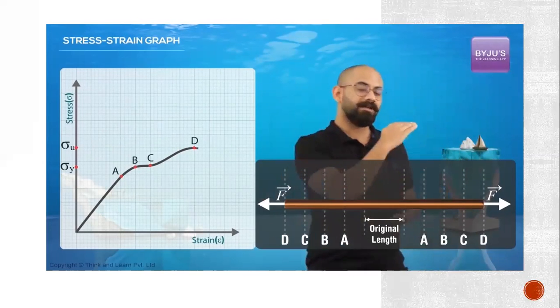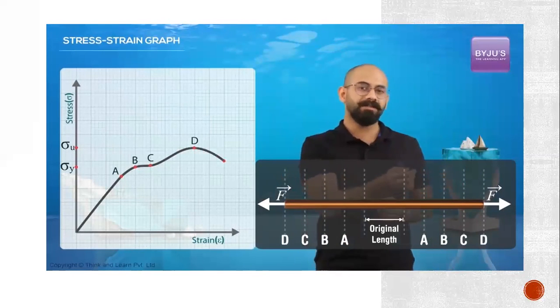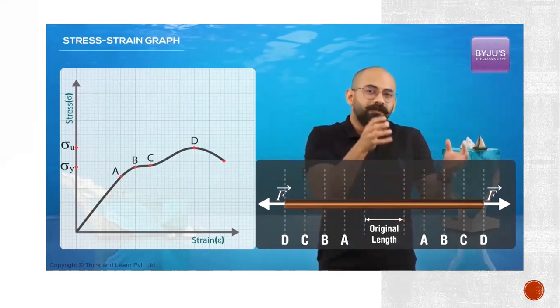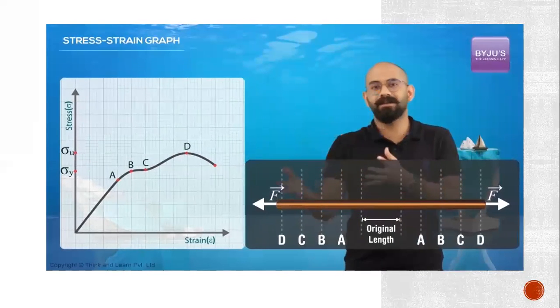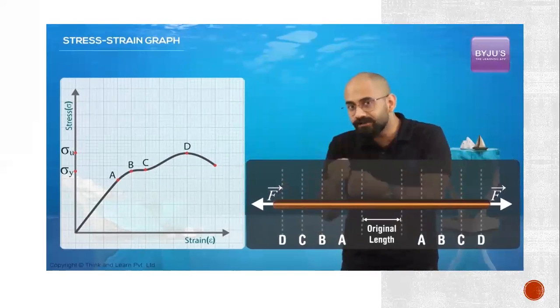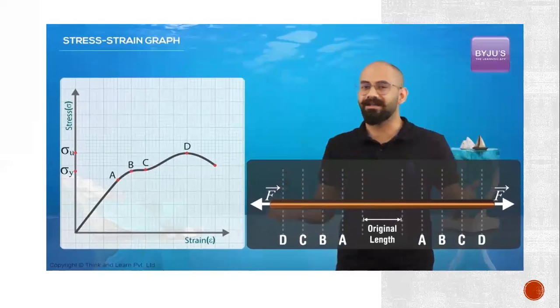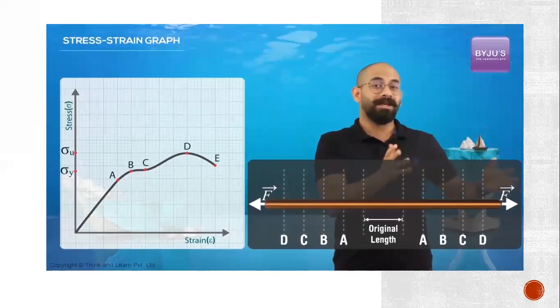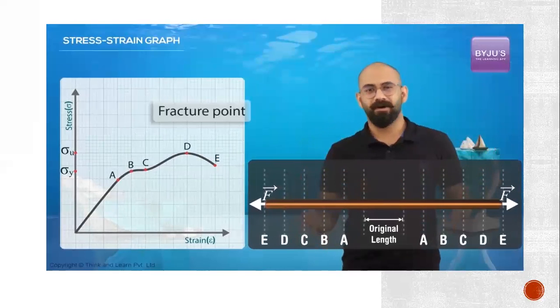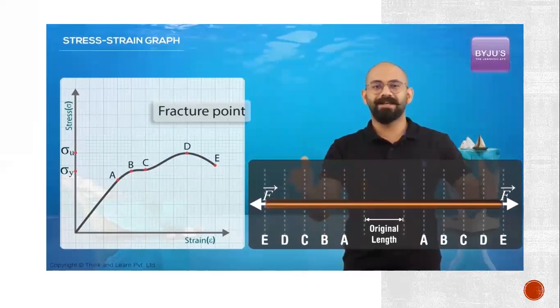So the curve goes down. That basically means that even if you reduce the stress beyond that point, the elongation will increase. If you reduce the stress, the strain will increase. And finally, we reach a point E, which is called the fracture point, where the wire finally gives way and breaks up.